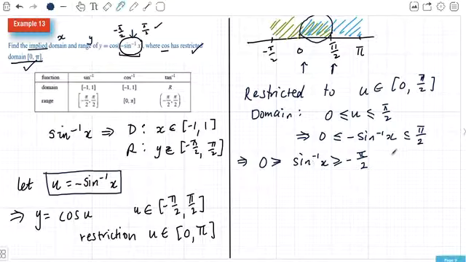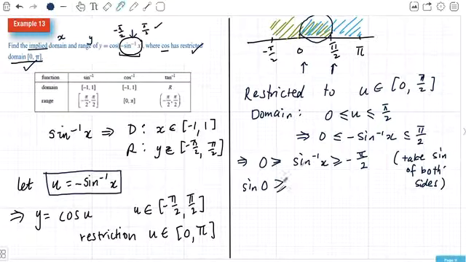Now what I'm going to do is take sine of both sides. When you take sine of both sides, that removes the inverse sine from the middle, because sine and inverse sine are opposites, so they cancel. You'll just have x in the middle, and then we have sine of -pi on 2.